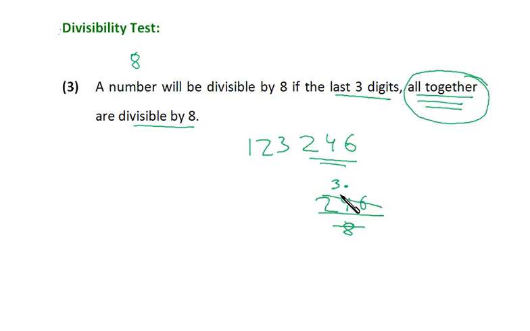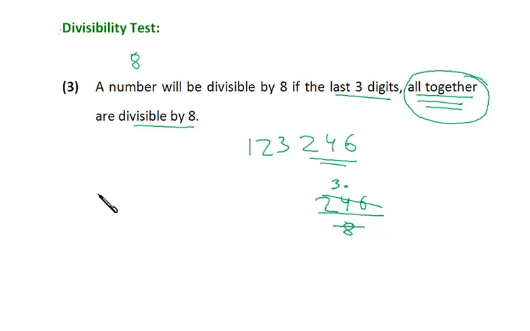So we'll get some decimal quotient. That means that this number will not be divisible by 8, okay? Fine, because the last 3 digits altogether should be divisible by 8. We shouldn't get any decimal quotient, okay? It should be completely divisible, right?